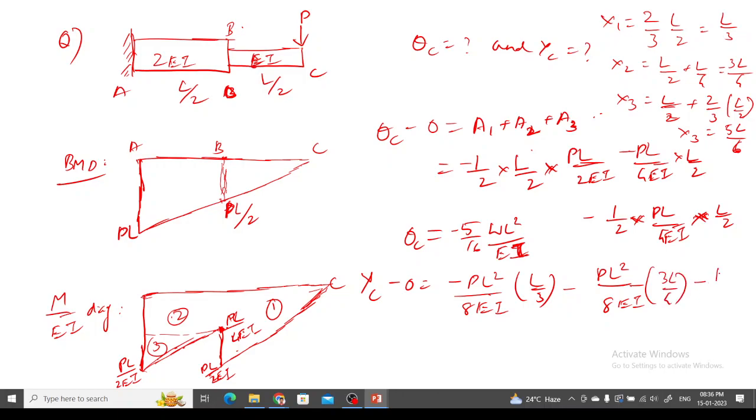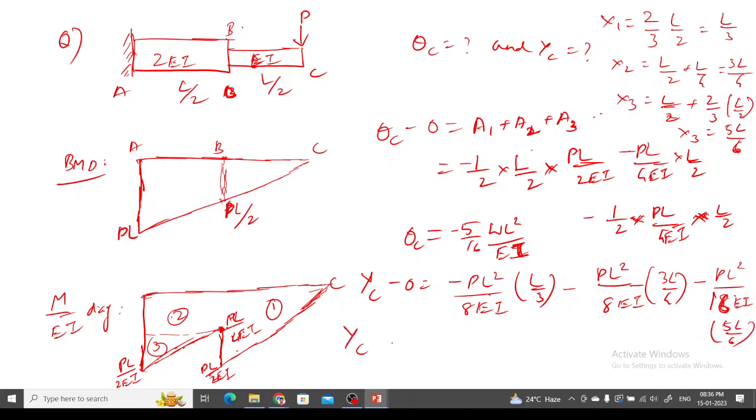And X3: minus PL square by 16EI into 5L by 6.